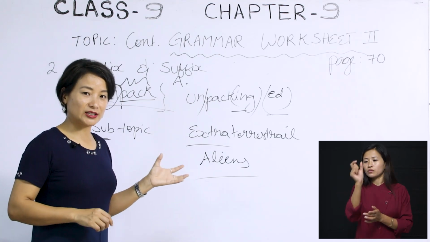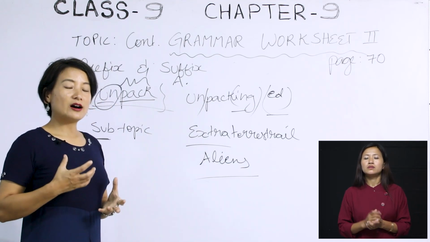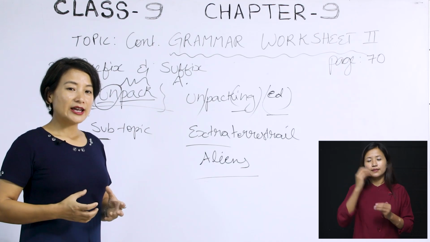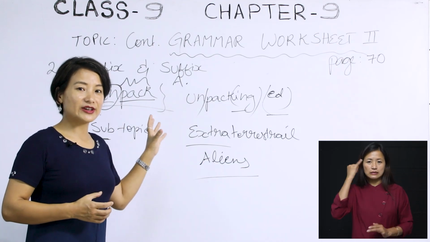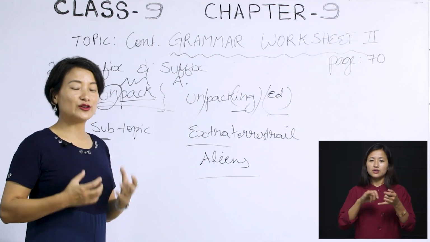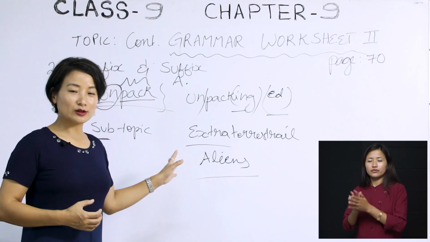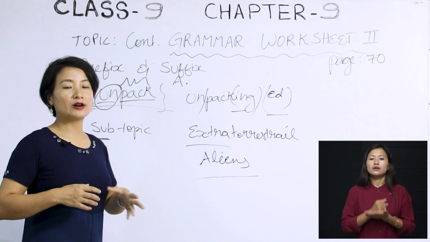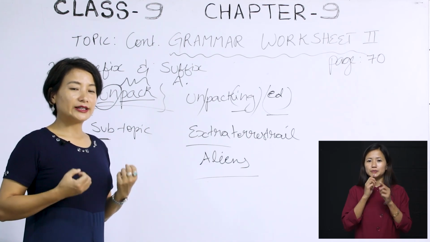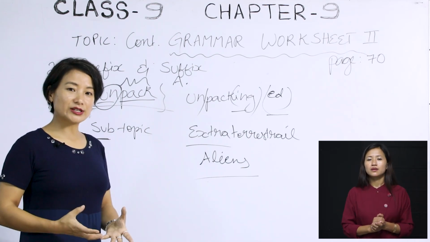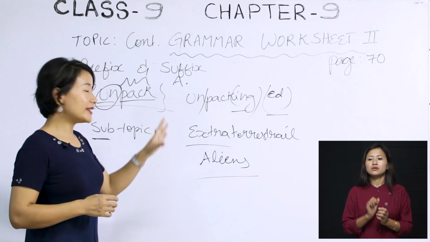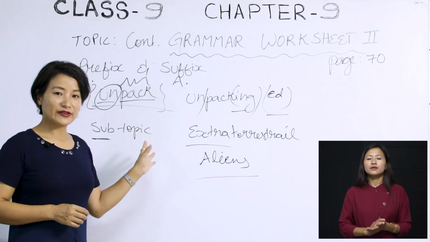So if you have a good idea about prefix and suffix, it will give you a whole different range of vocabularies. So that is also going to help you with your speaking and of course with expressing yourself even through writing. So that is the benefit of knowing prefix and suffix.